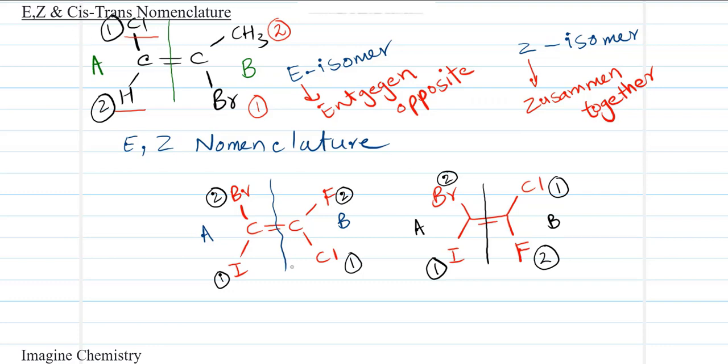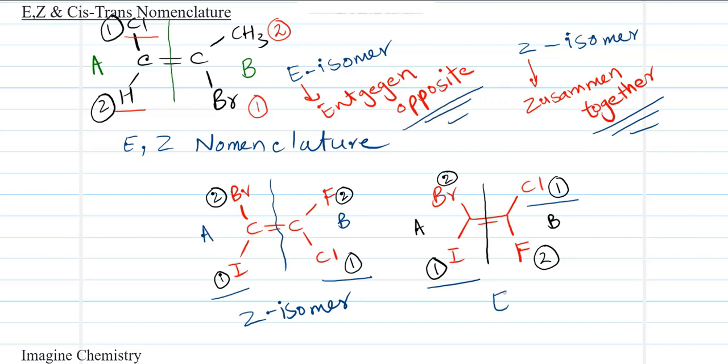Now let's assign E Z. For the first molecule, you see that the two top priority groups, the two number ones, are on the same side, so they are together. So this is the Z isomer. And for the second case, where the two top priority groups are on opposite sides, this is the E isomer.